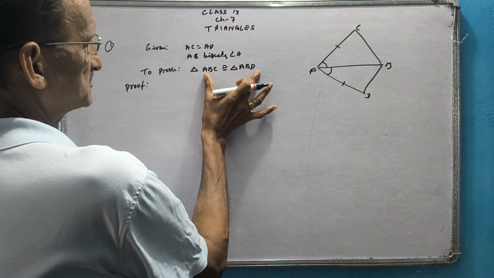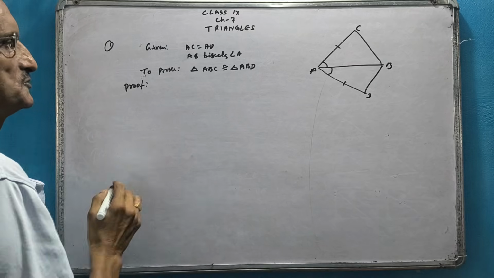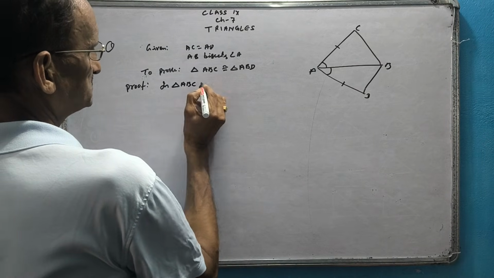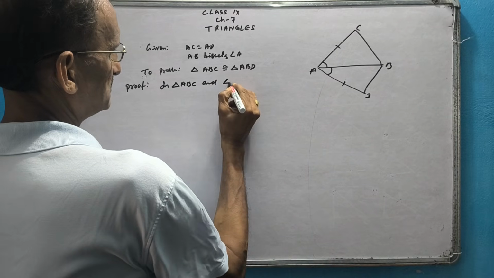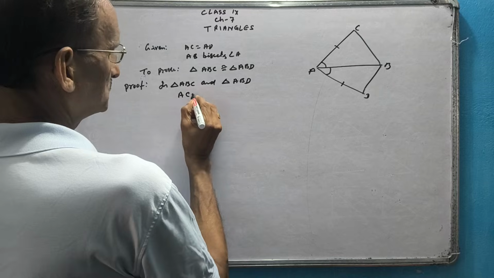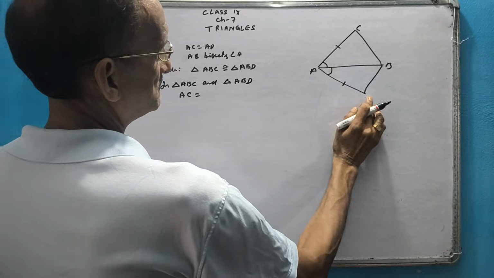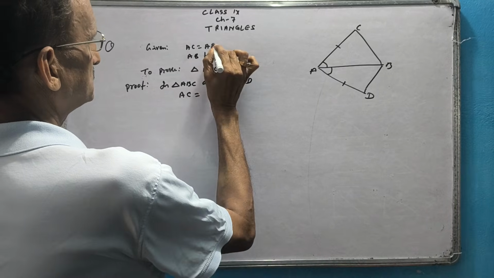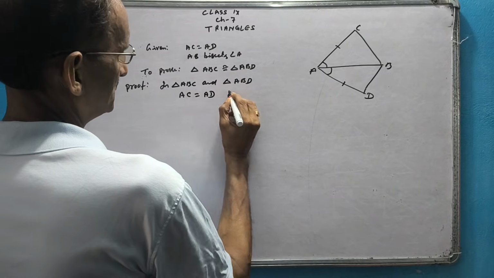We have to prove these two triangles congruent. We will take these two triangles only. So in triangle ABC and triangle ABD, we have AC equal to AD, given.